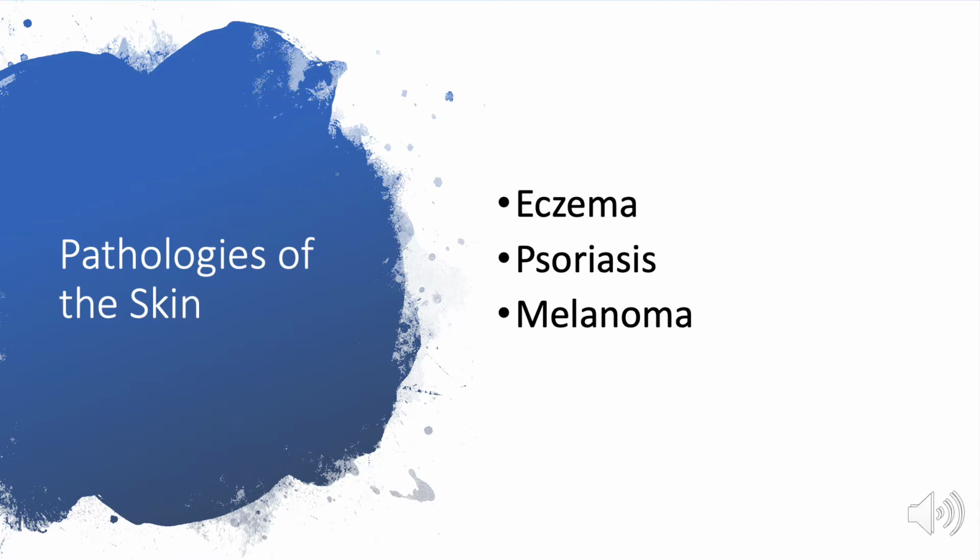One of the most common pathologies that affects the skin is eczema. Eczema is an umbrella term used to describe a variety of different forms of acute dermatitis. This disease is most commonly associated with the presence of dry, itchy skin commonly found on an individual's hands, feet, elbows, face, and skin behind the knees.